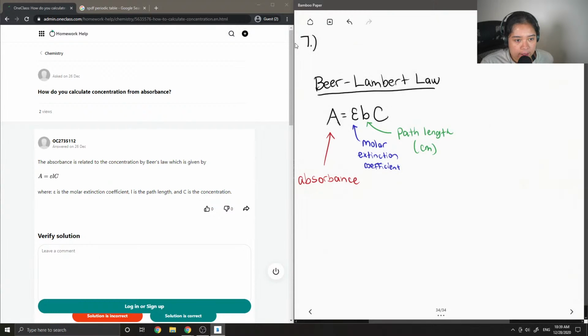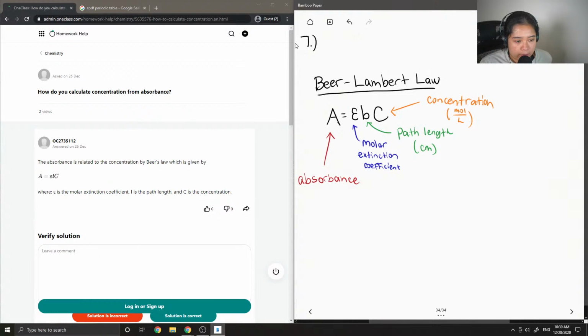And then lastly, c is concentration, in moles per liter. Okay, so this is the Beer-Lambert law.